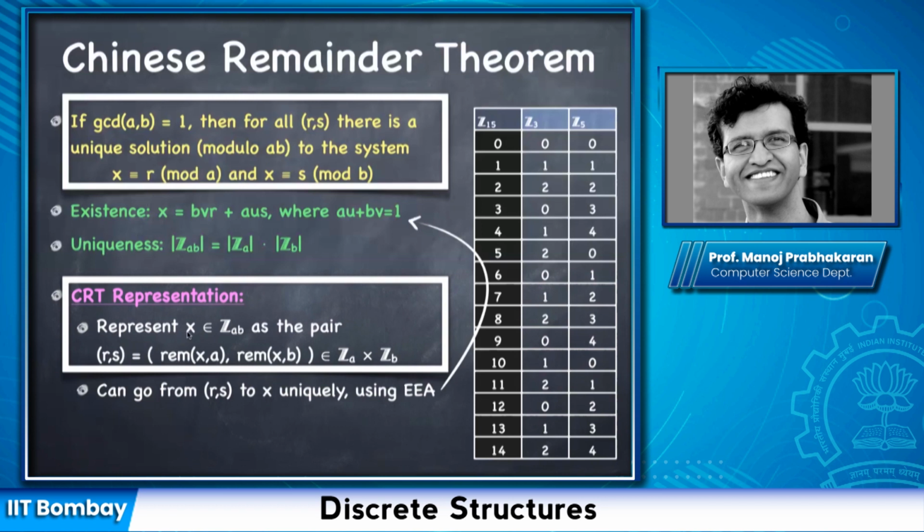Clearly, given X, you can easily figure out its representation R and S, but it's also an efficiently invertible representation. Somebody gives you R and S, you can solve for X efficiently. And what it involves is the extended Euclidean algorithm required to find this u and v.